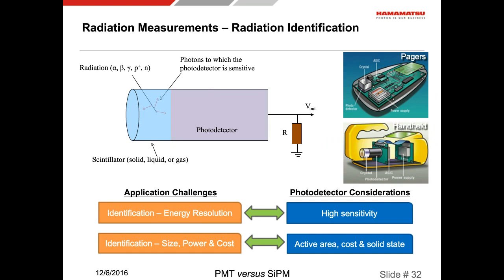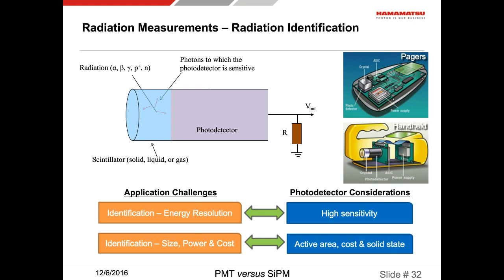Another type of radiation measurement is when we are actually interested in what the radiation is, whether it's alpha particle or beta or whatnot. So identification is necessary. To do so, we typically construct energy spectra, and thus the energy spectrum should have high resolution, which is going to mean a detector with high sensitivity.